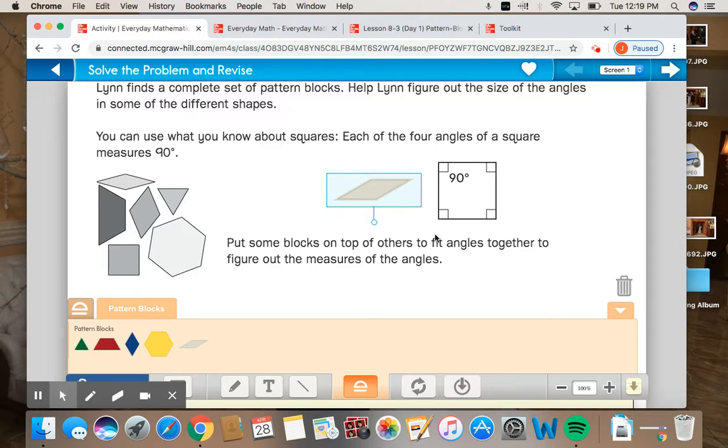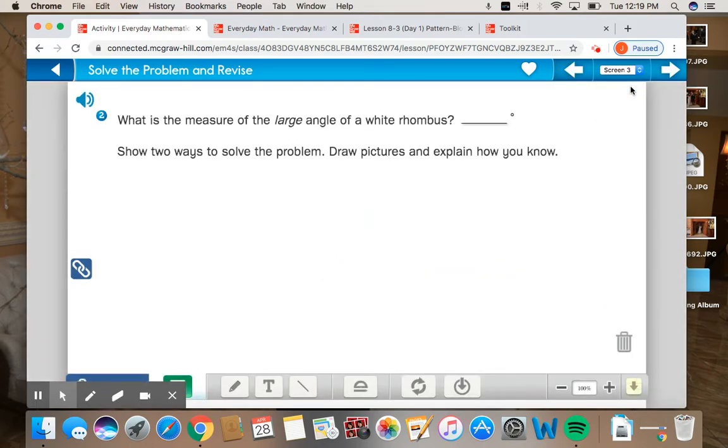So why don't you go ahead and experiment with that? Figure that one out. You have, let's see, that was screen 2. Screen 3, you're going to do the same thing, but the measure of the large angle. So you'll want to go ahead and figure those out.